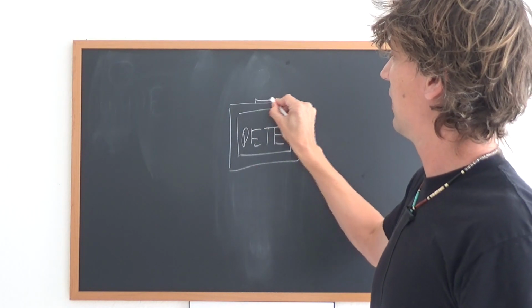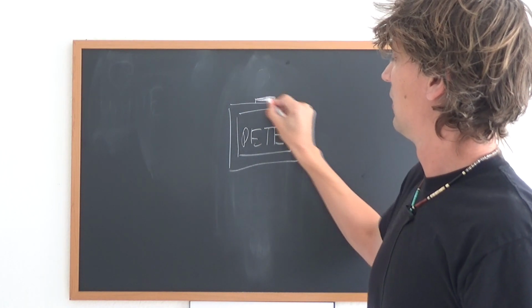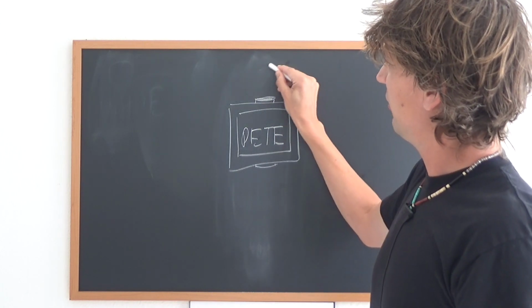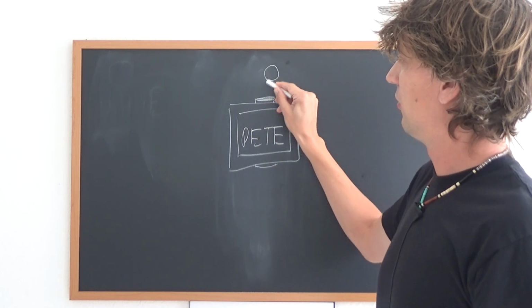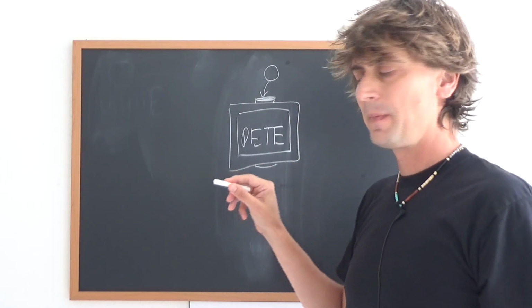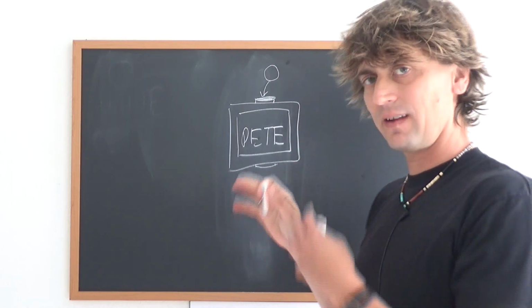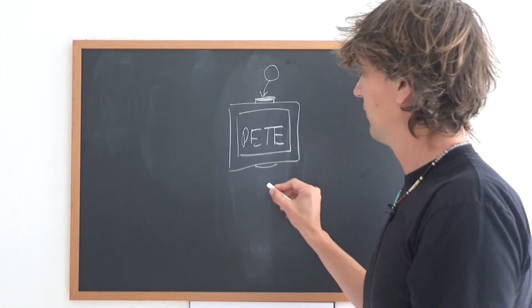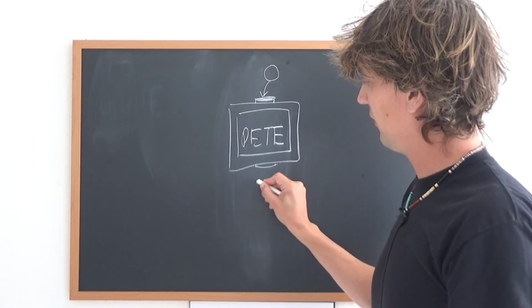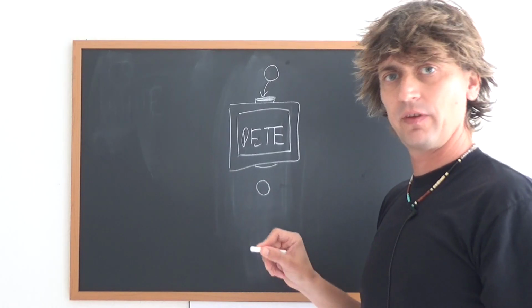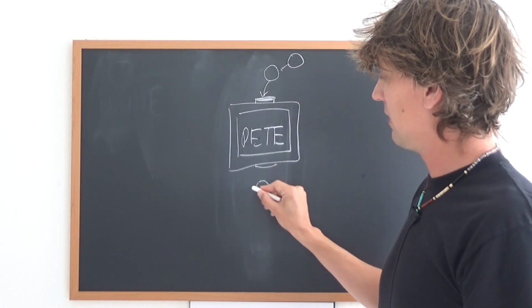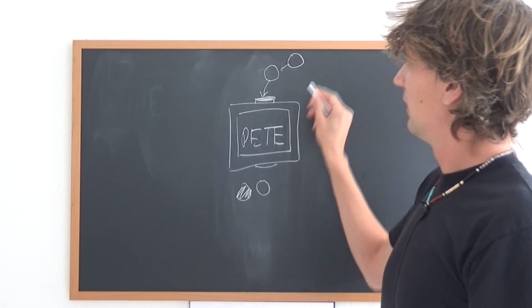And the Pete box also has one hole in the top and one hole in the bottom. And when you drop a white ball into the top of the Pete box, what you find is that some of the time it comes out white and some of the time it comes out black from the bottom. So maybe the first time you drop the white ball in, it comes out white, but maybe you drop a second white ball through and that one comes out black, and so on.